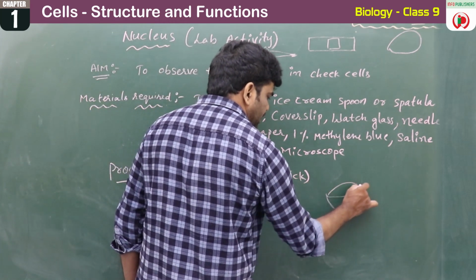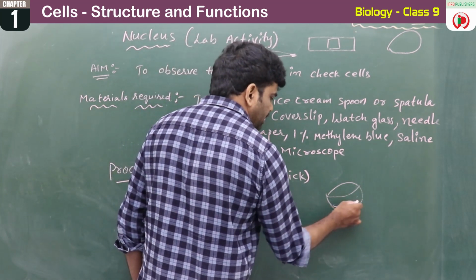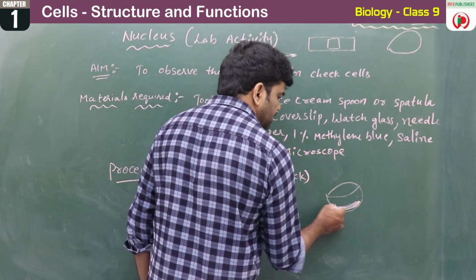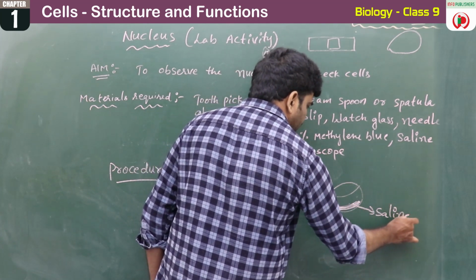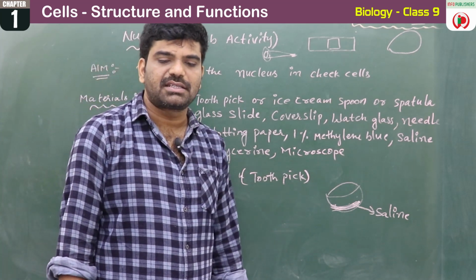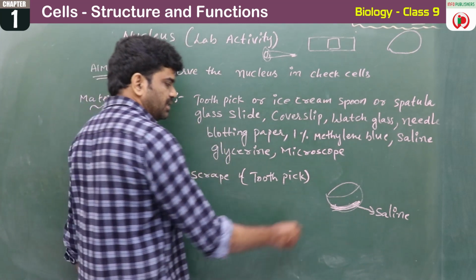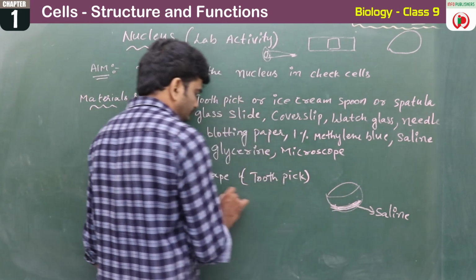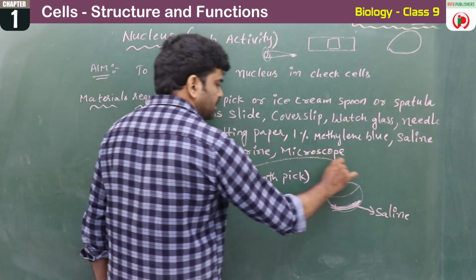And here, inside this watch glass, what you have to take? Saline. What is this, children? Saline. Inside the watch glass, you have to take saline. So here, place the scrapie in a watch glass containing a very little quantity of saline. So this is a little quantity of saline, and anyway you have extracted, you have taken the scrapie. Place this scrapie.